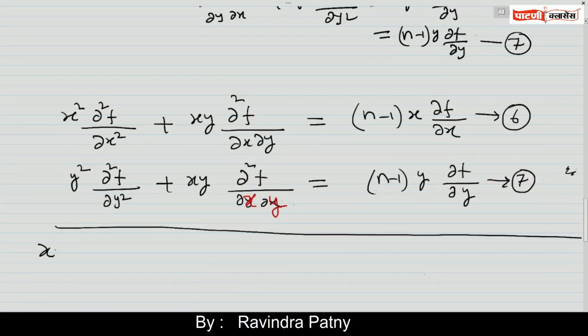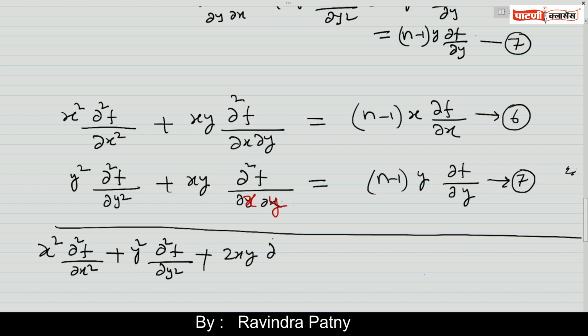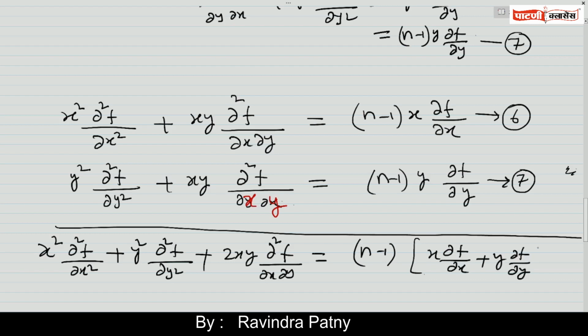Therefore, on adding, x² ∂²f/∂x² plus y² ∂²f/∂y², here 1xy plus 1xy equals 2xy, and this ∂²f/∂x∂y being common, it will be ∂²f/∂x∂y equals, here n minus 1 is common and x into ∂f/∂x plus y into ∂f/∂y, bracket close here.